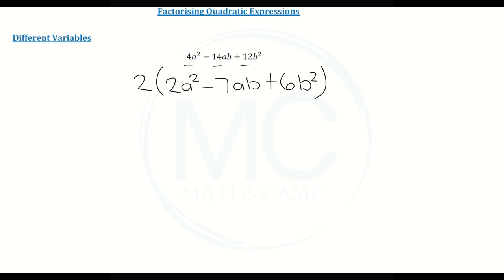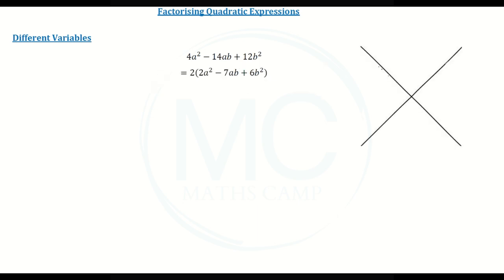So let's draw in our big X. Let's start by drawing in our two brackets. We have 2 outside of the bracket, bracket 1, bracket 2. The first term over here has a squared. The square root is a, so we can put a over here and a over here. The third term is b squared. The square root is b, so the variable of the second term in each bracket will be b.